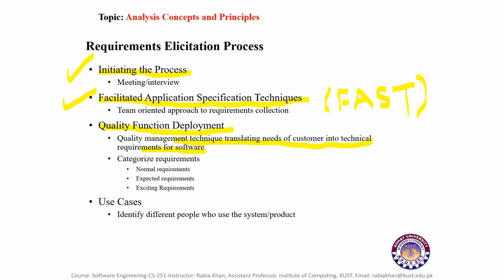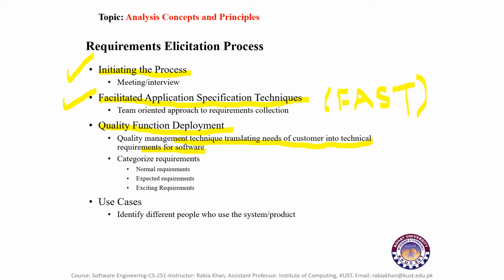Quality function deployment concentrates on maximizing customer satisfaction from the software engineering process. In order to achieve this, it mainly emphasizes an understanding of what is basically valuable to the customer, and then deploys those values throughout the software engineering process.